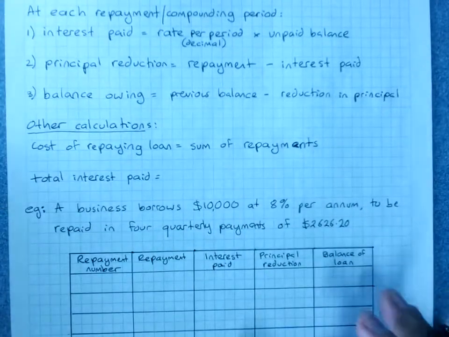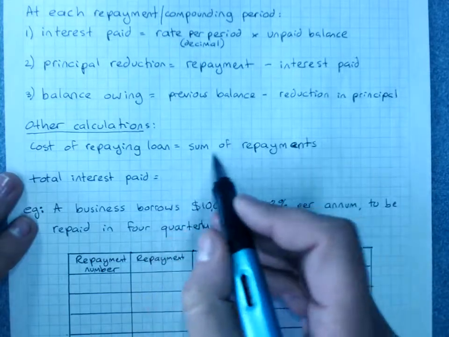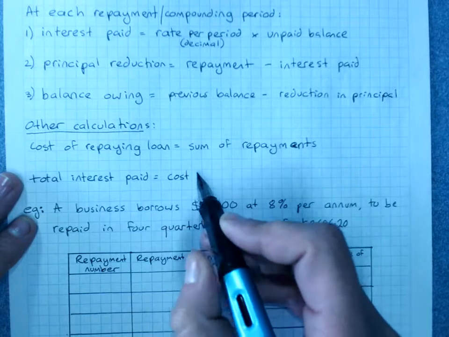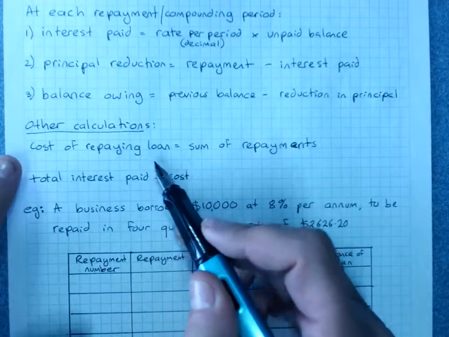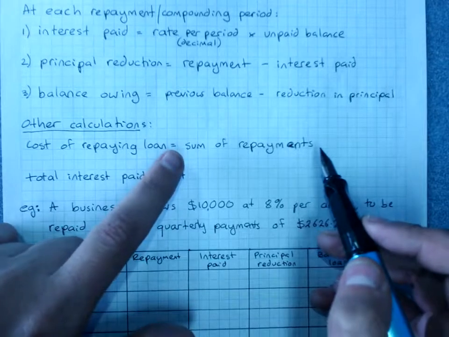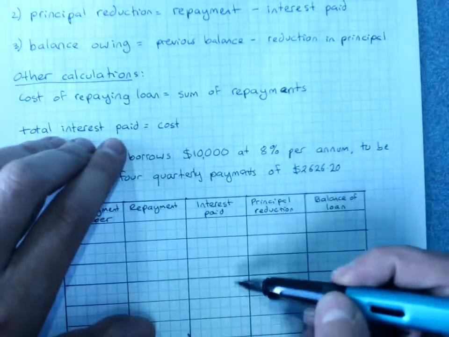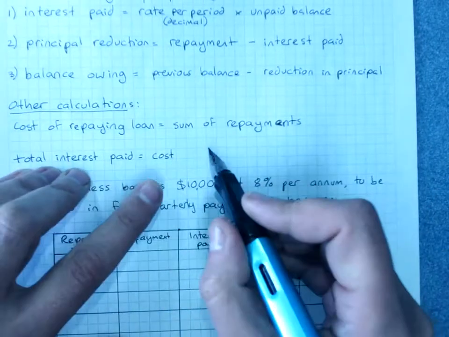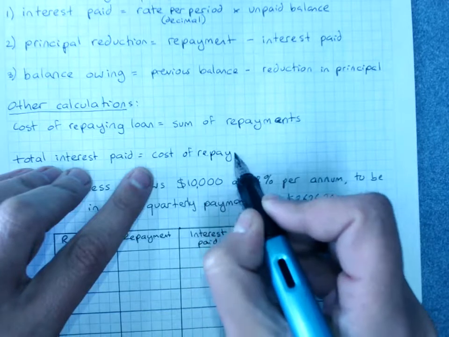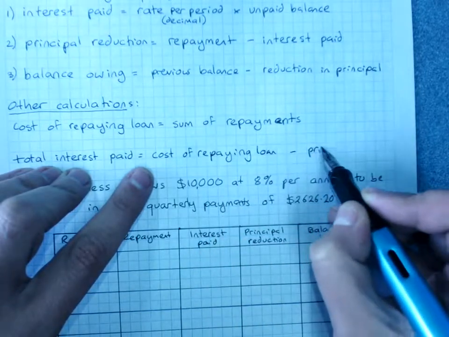And the total interest paid is the total cost minus the original principal. So the cost of repaying the loan is all the repayments added up, and that's the principal and the interest. So if we just want to know the total interest paid, I mean, you could total the interest paid column, or you could do the cost of repaying loan minus the principal.